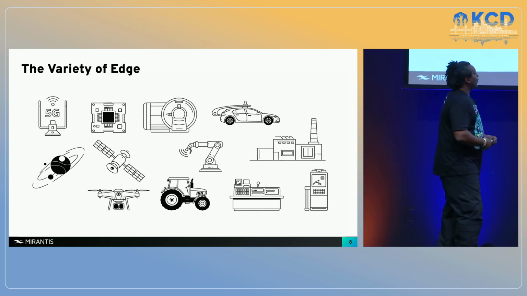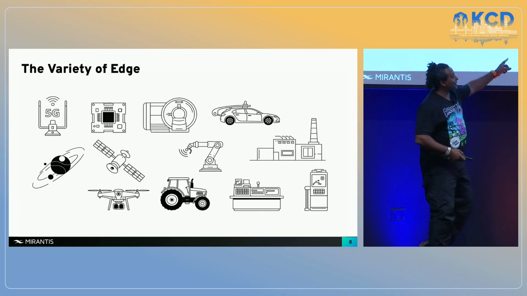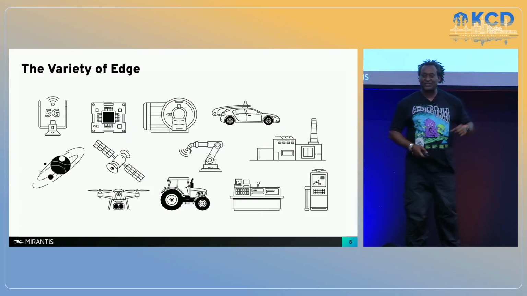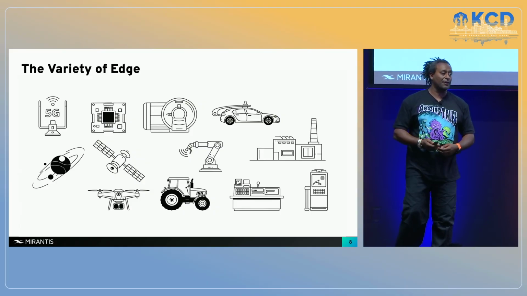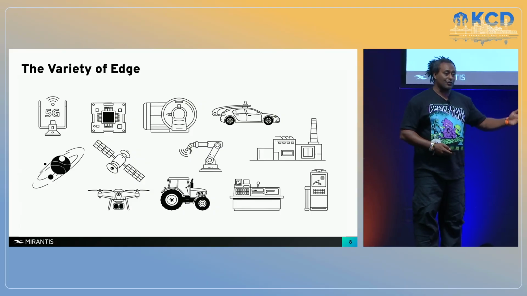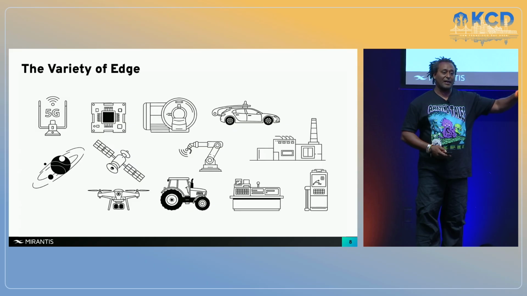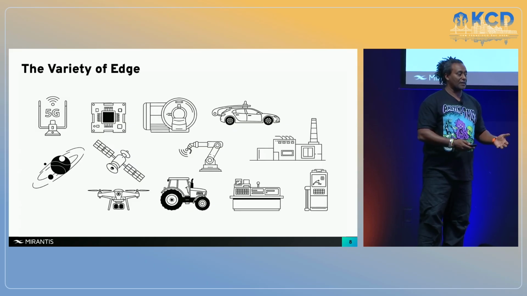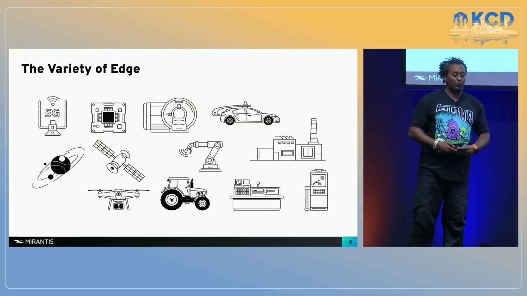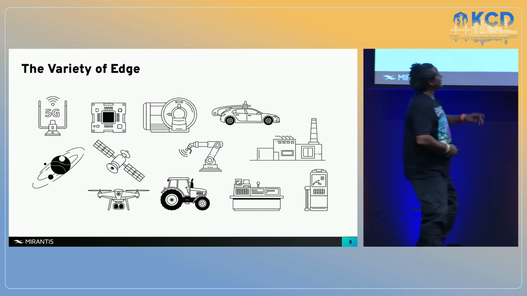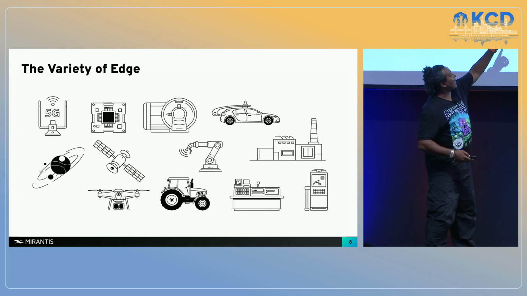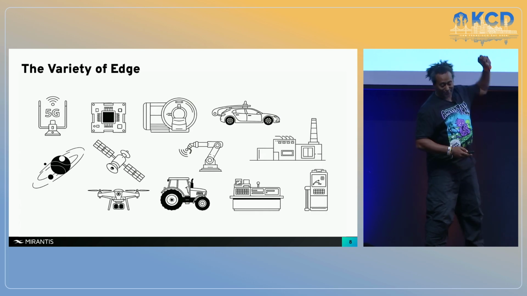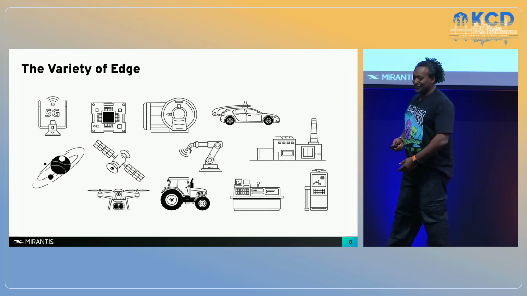The problem is that if we're provisioning one of these devices, it doesn't necessarily have an iPXE to call home. It might not have an actual network. It might be provisioned, do the work that it has to do in the place where the device is installed, and not have a network somewhere. Now, this image was generated with AI, and as you can see, I don't know what that car is there. But anyway, whatever. It's an edge device.